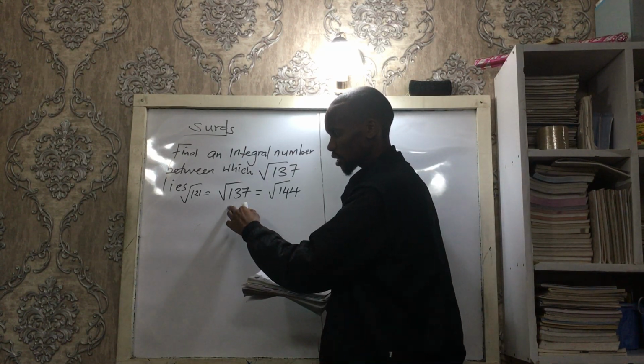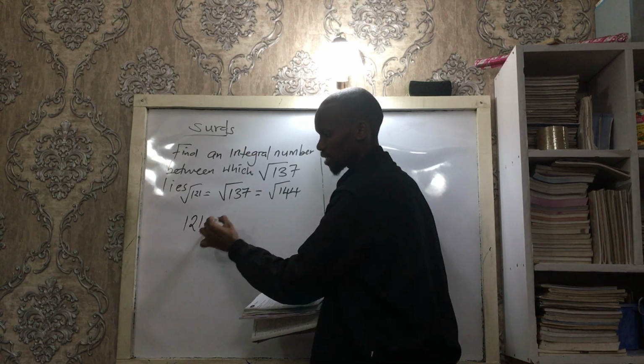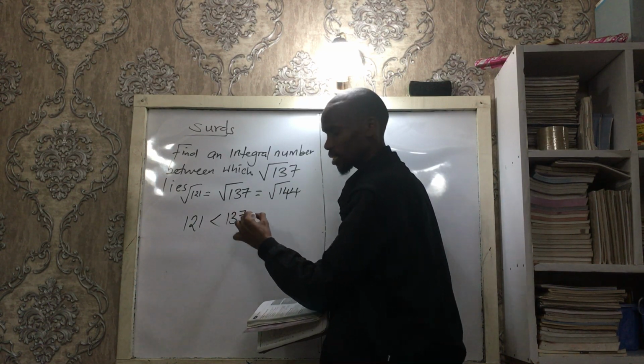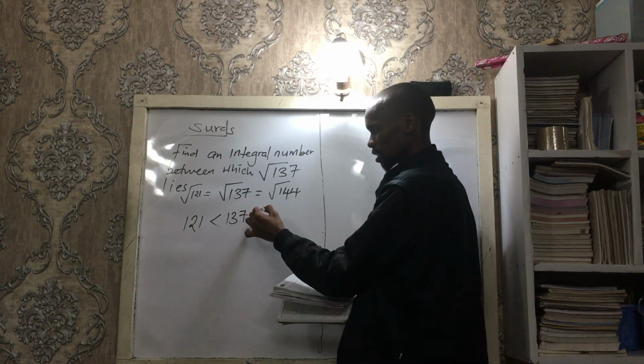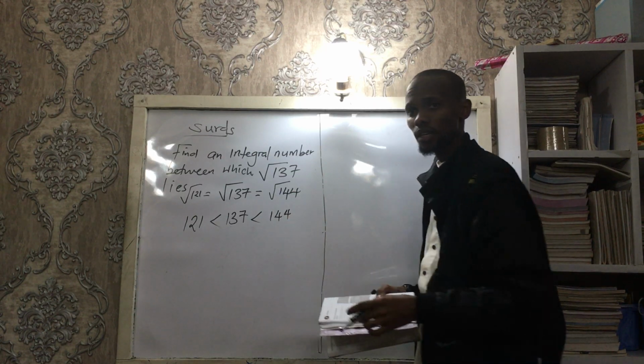So for the root of 137, we can say 121 is less than 137, but 137 is less than 144.